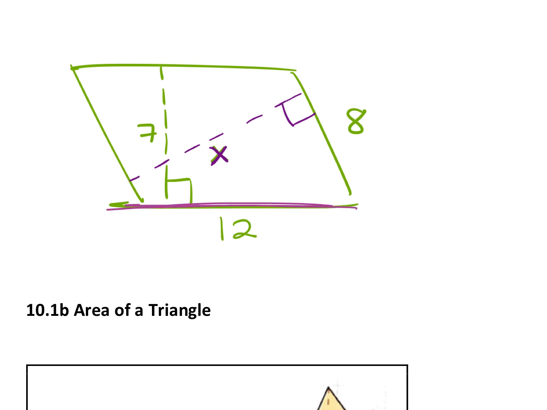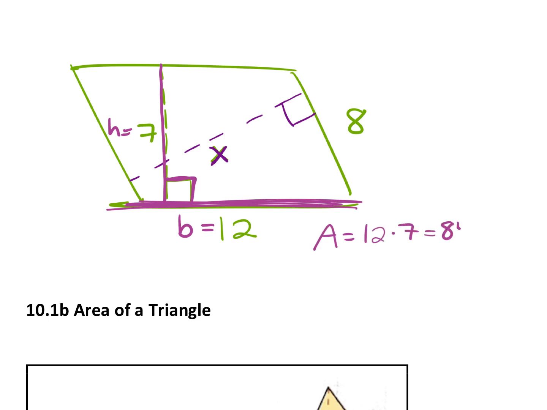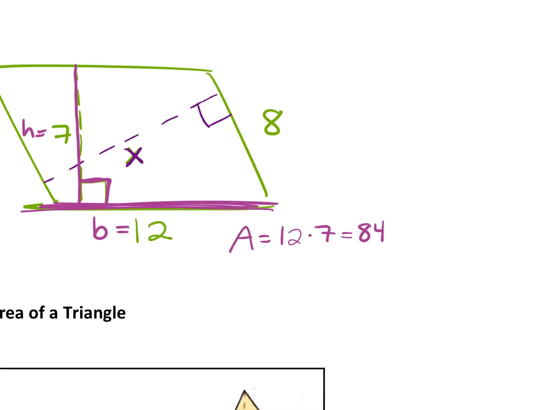Okay, if this is my base, what height goes with that base? 7. The 7, perpendicular, right? This would be your height. Can you find the area of this parallelogram for me? 12 times 7, base times height, which is 84 square units.